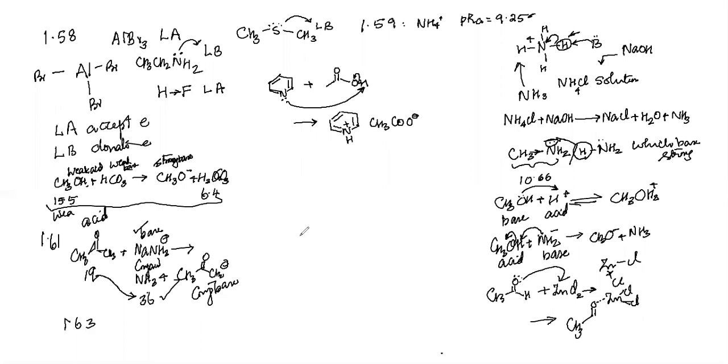Okay, now next one. Why do you suppose no one has ever been able to make cyclopentane as a stable molecule?